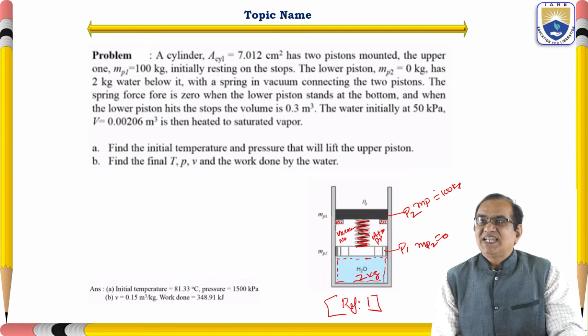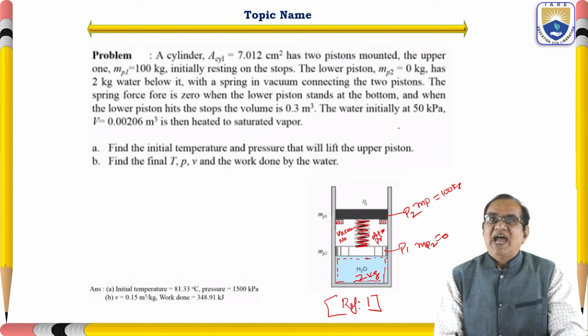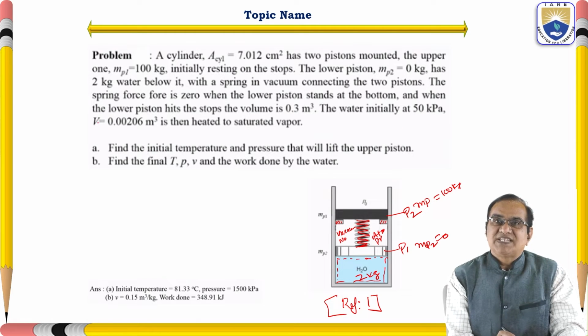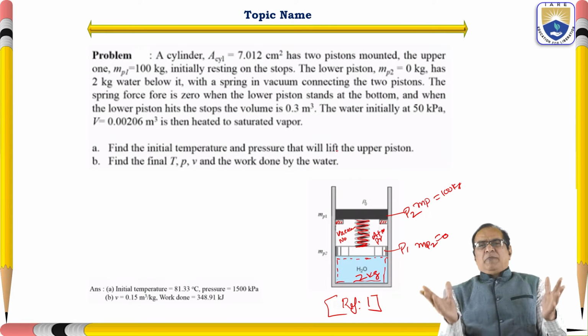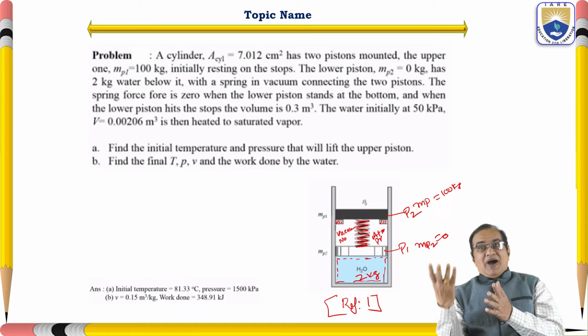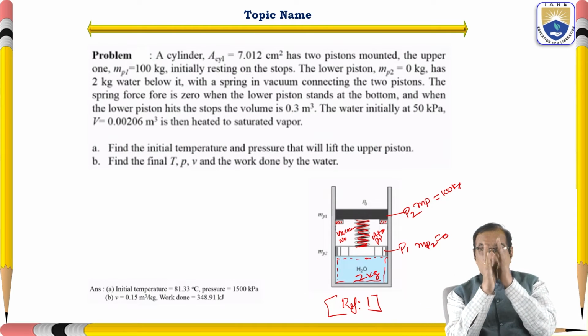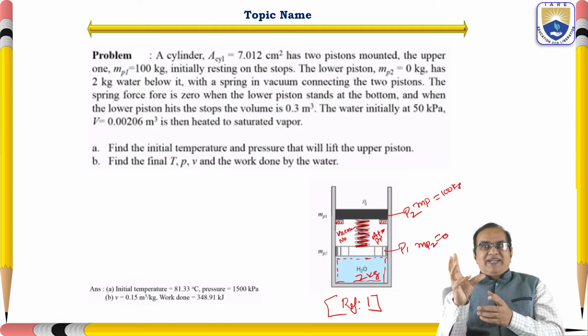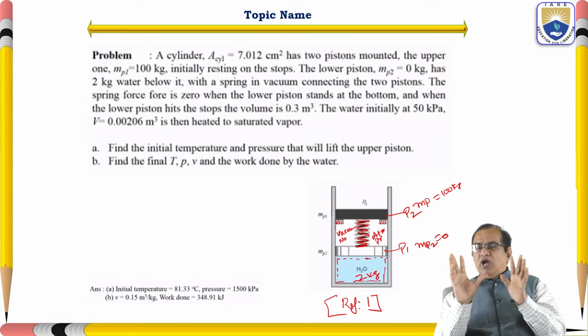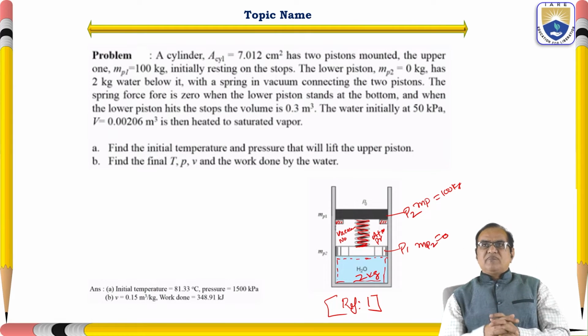The water is initially at 50 kilopascal, the pressure is given, and the total volume is given as 0.00206 meter cube. So state 1 is given, P given, V given, and the mass given. If we divide this V by m, we will get the specific volume at state 1. So one state is given, and the second, the volume is also given.